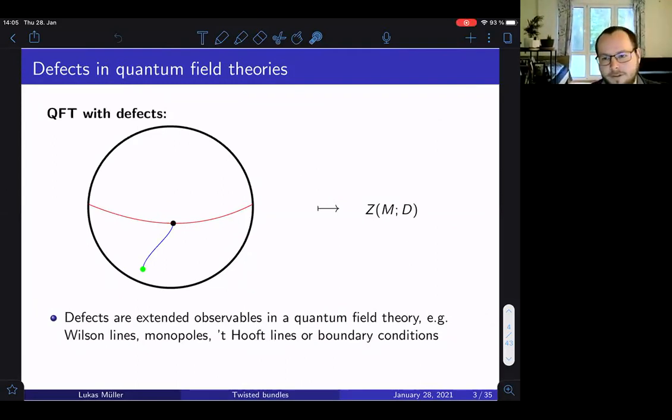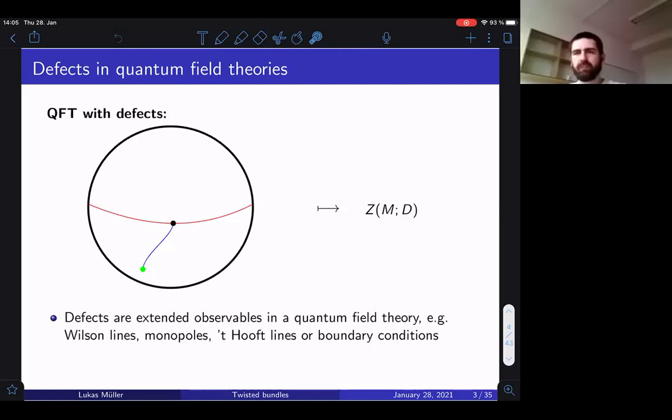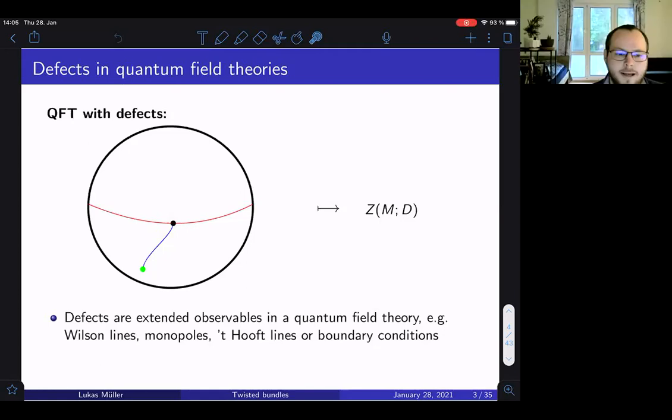For example, you can have fields which jump on the submanifold, or you can have something like a Wilson line, where you change the partition function by adding the holonomy along the loop into the path integral. This is the general picture to have in mind. If we have a defect of codimension 1, we even allow different quantum field theories on different regions.